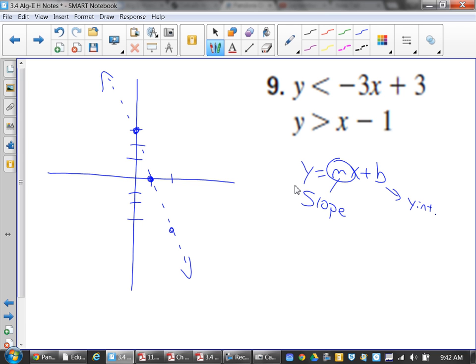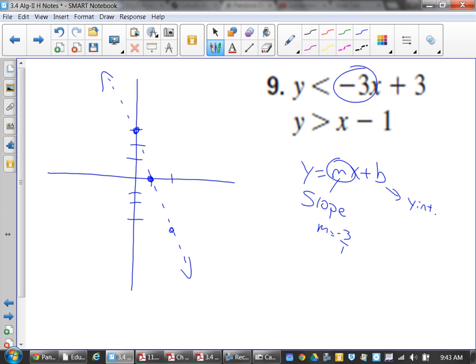In this case, the coefficient was -3, which means it's -3 over 1. And remember, slope is change in y over change in x, so it's rise over run. In this case, you move up and down first before you go left and right. So you move down 3, right 1, down 3, right 1. And that's all that works out.